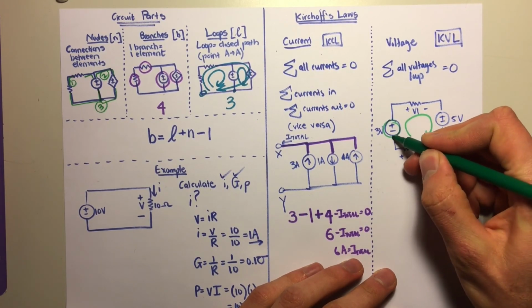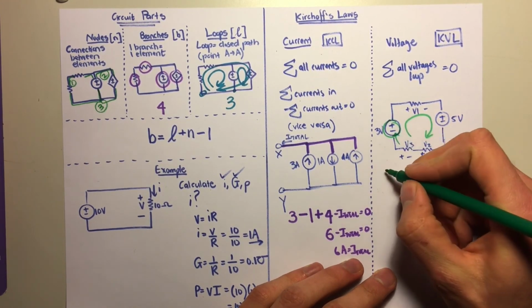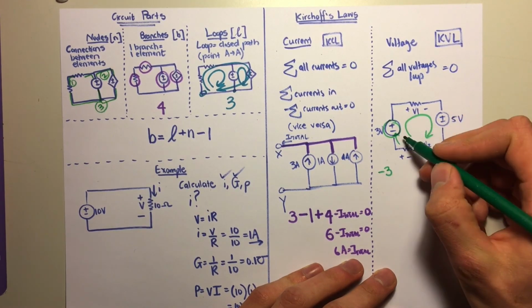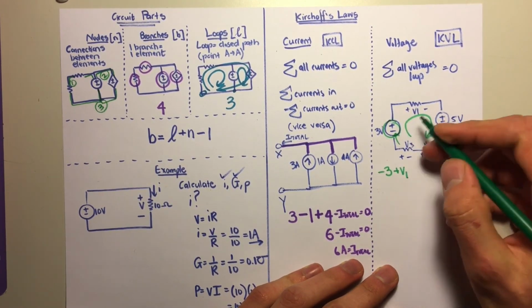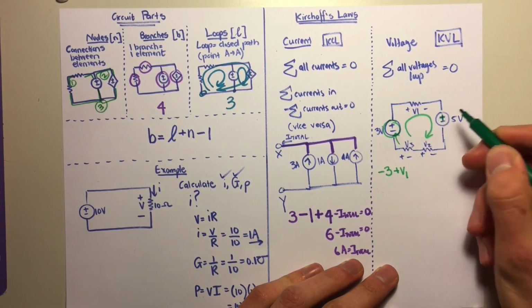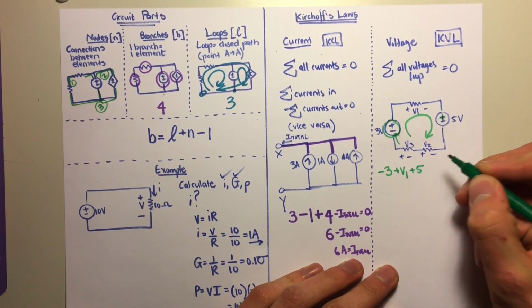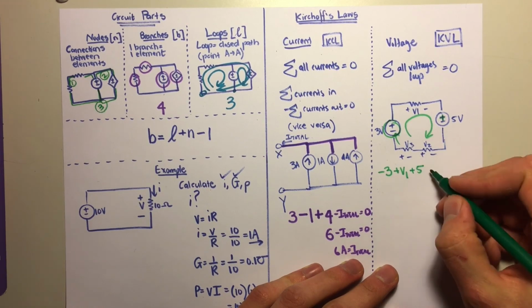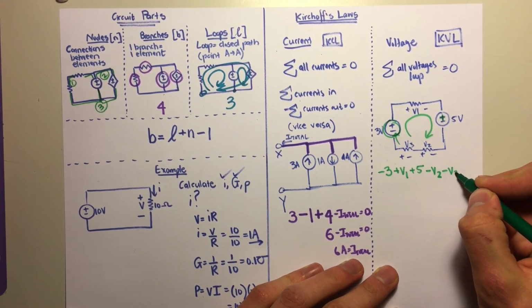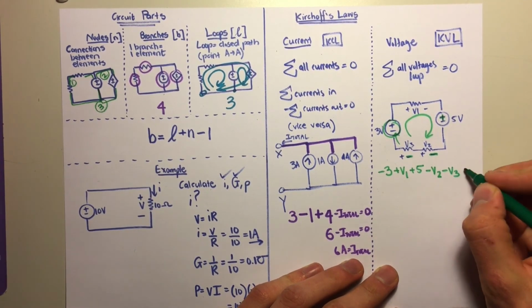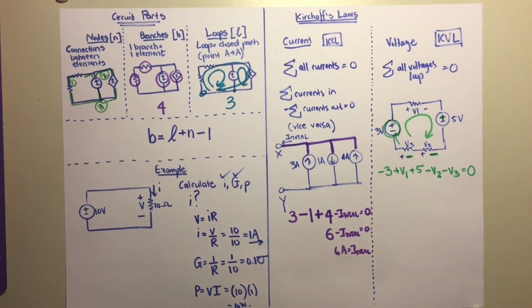If we come from this side in this source, we will see minus 3 volts plus V1 plus 5 volts minus V2 minus V3, and we said it must be equal to 0. And in this way we can solve for a certain voltage if we have to within a circuit.